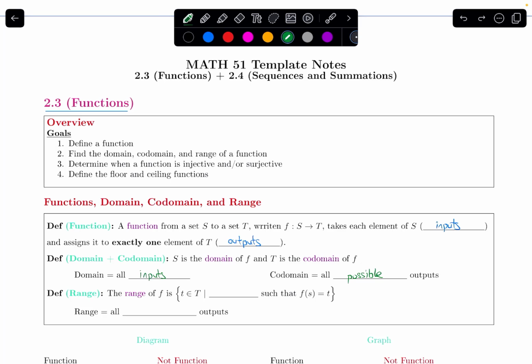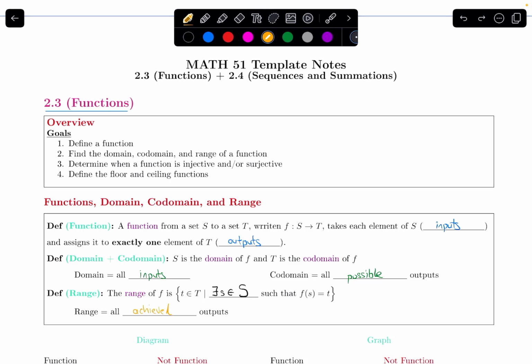So the way I say that there is an input is I say there exists a lowercase s that's an element of capital S, because capital S is my domain, such that when I plug lowercase s in, I get t out as my output. So the range is all of the achieved outputs. They're all the outputs we actually get. So there might be outputs that we don't actually reach. The codomain is used to refer more broadly to all of the possible outputs.